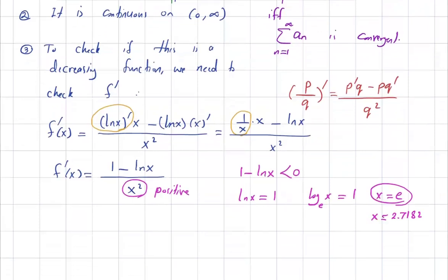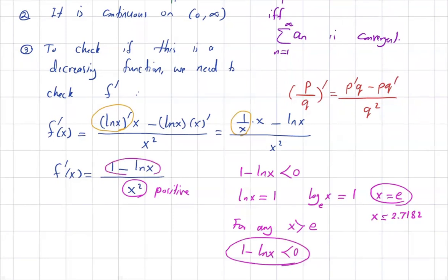When x is e, you get 0. For any x more than e, 1 minus ln of x is going to be negative.